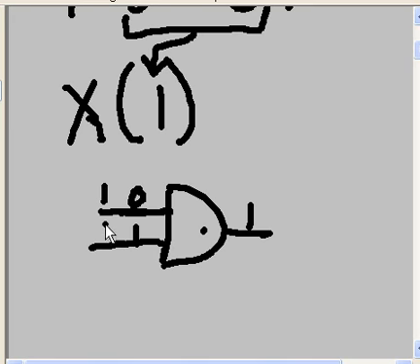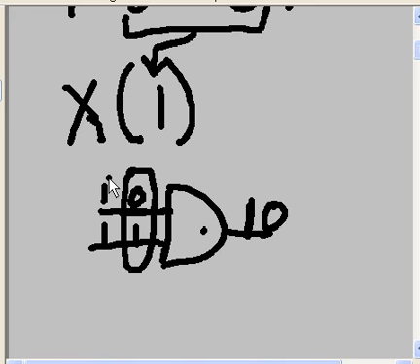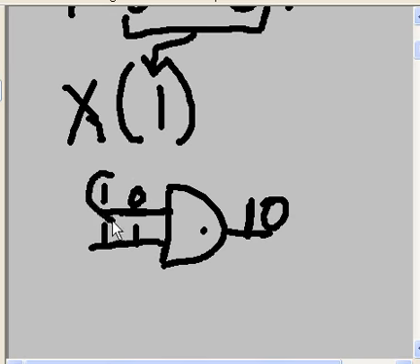If x is 1, and we have a 1 here, then you have a 1 and a 1, that's going to give you a 1. If x is 0, you AND that with a 1, 0 and 1, you're going to get a 0. So, whatever x is, that's what your output's going to be.